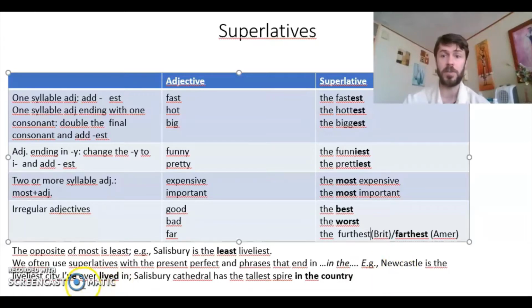So that's the present perfect: I have, I've, and then lived, the past participle. Salisbury Cathedral has the tallest spire in the country. So that's a phrase that ends with in the something. That's typical with superlatives.